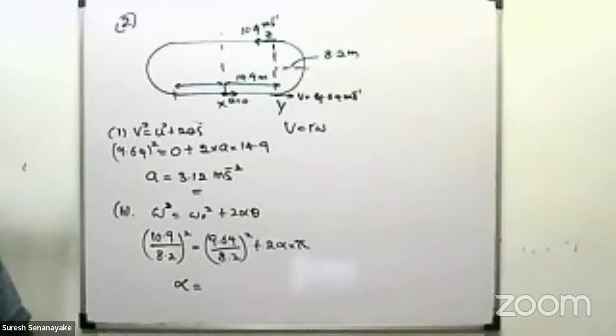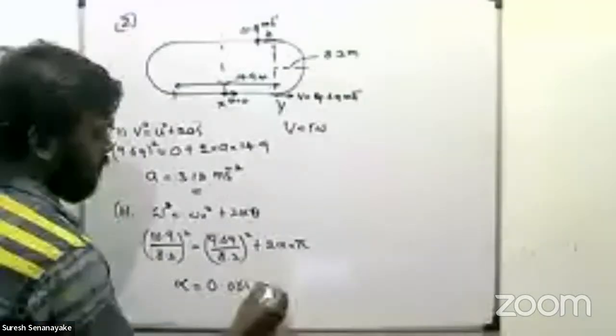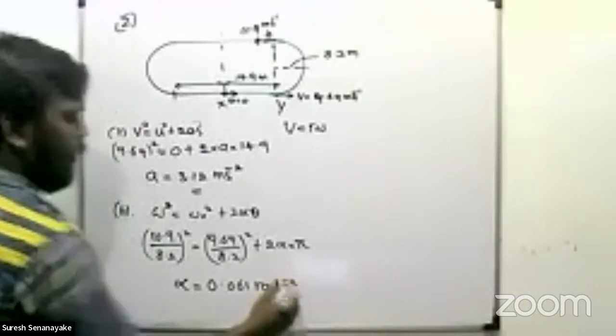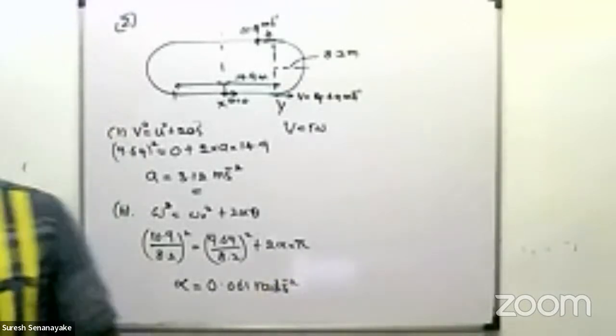Okay, the answer will be 0.06 radians per second squared.